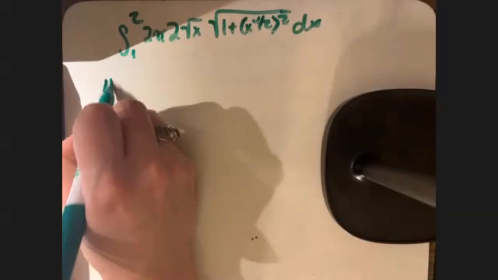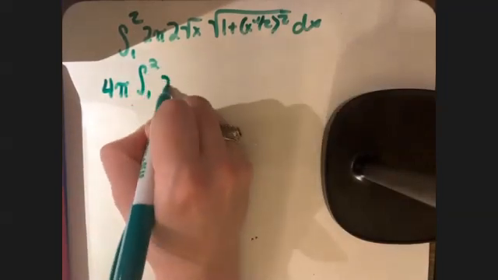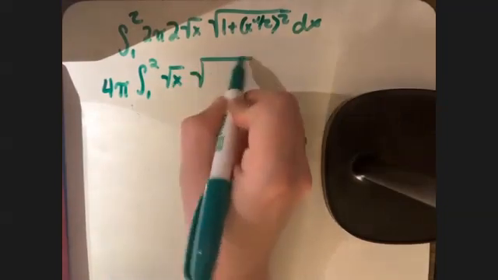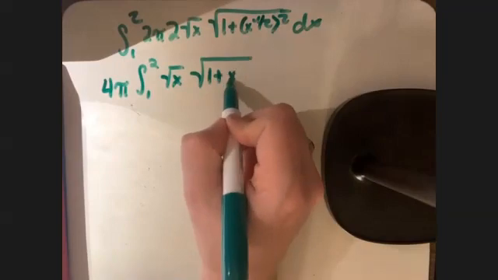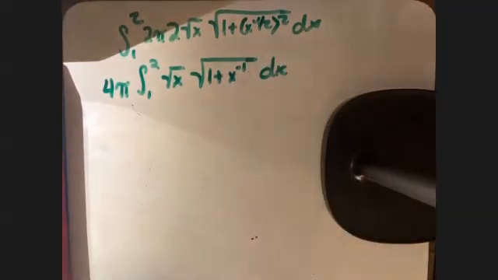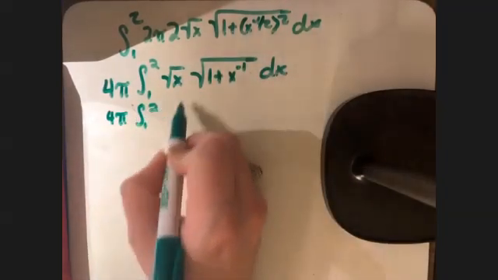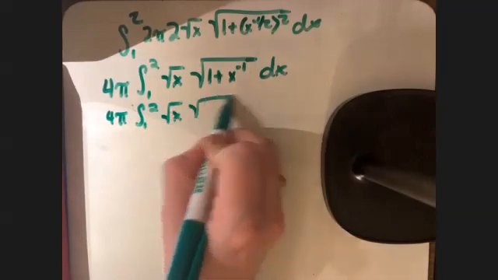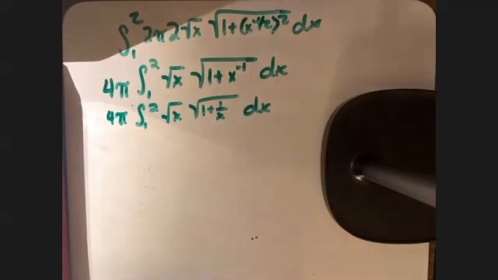So I'm going to bring all of this out. I've got 4 pi sitting on the outside, integral from 1 to 2 of square root of x, times the square root of 1 plus x to the negative 1, dx. So 4 pi, 1 to 2, square root of x, square root of 1 plus 1 over x, dx.